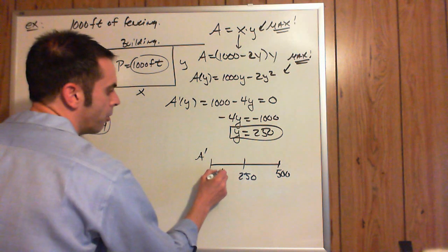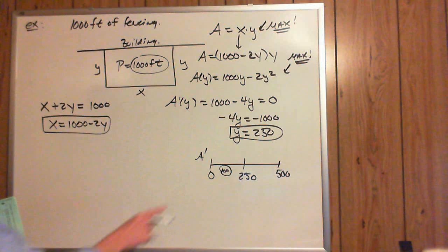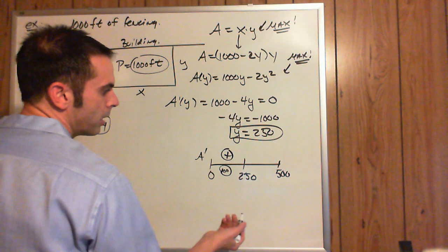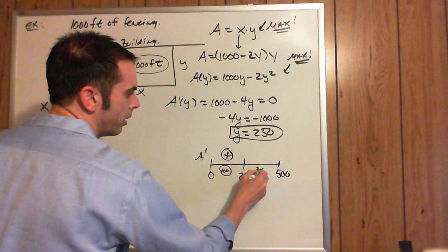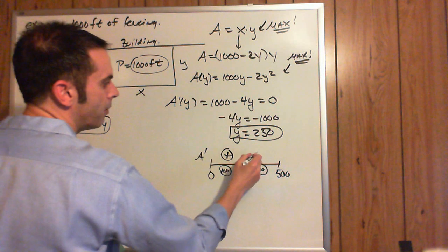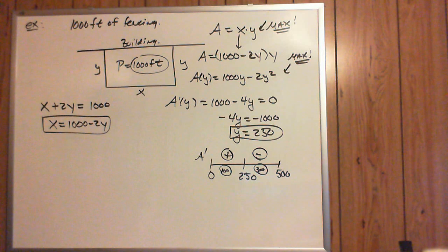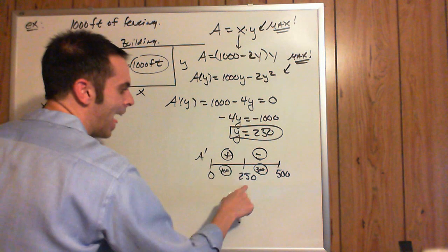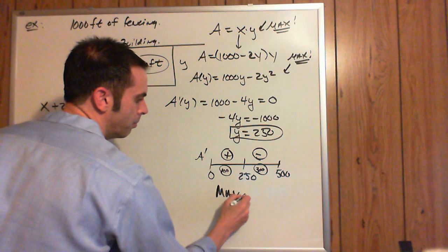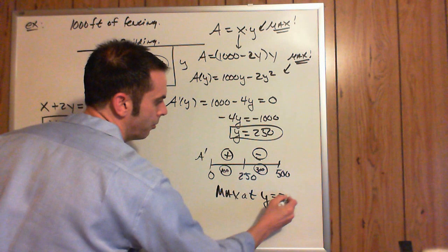So if we pick, say, 100, substitute it into the first derivative, we'd get a positive. And if you were to pick, say, 300, substitute it into the first derivative, you would have a negative. So since A prime only changes sign from positive to negative at 250, this confirms we have a maximum at y equals 250.